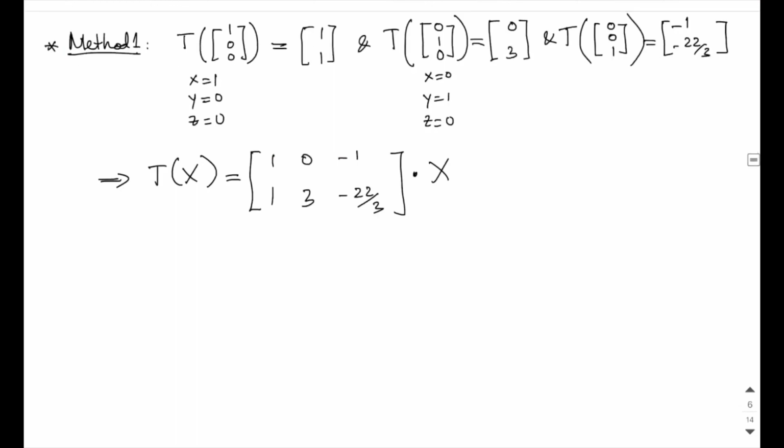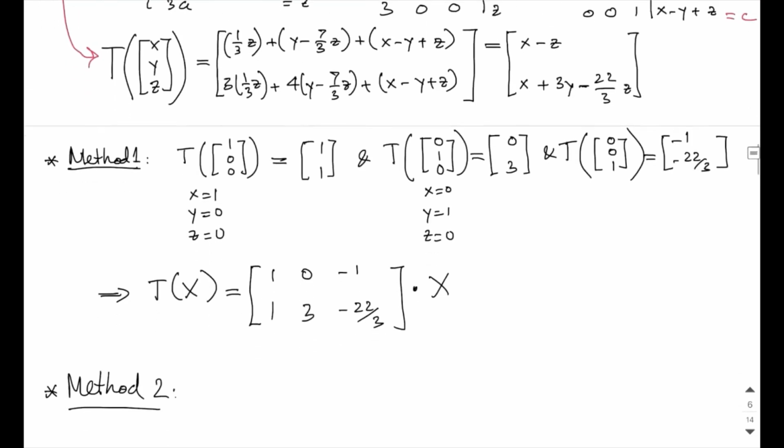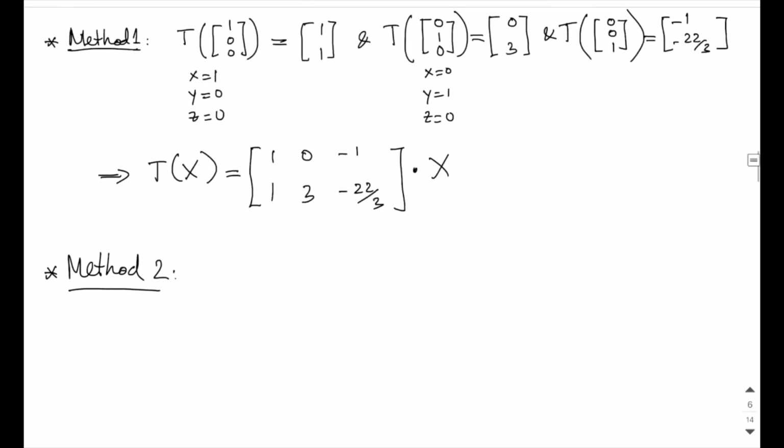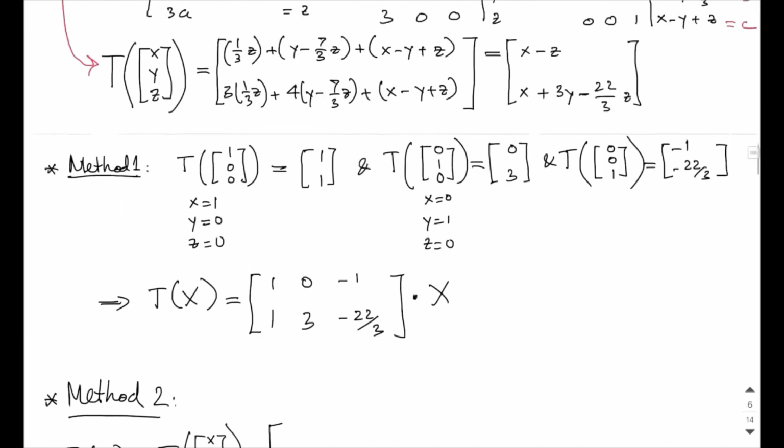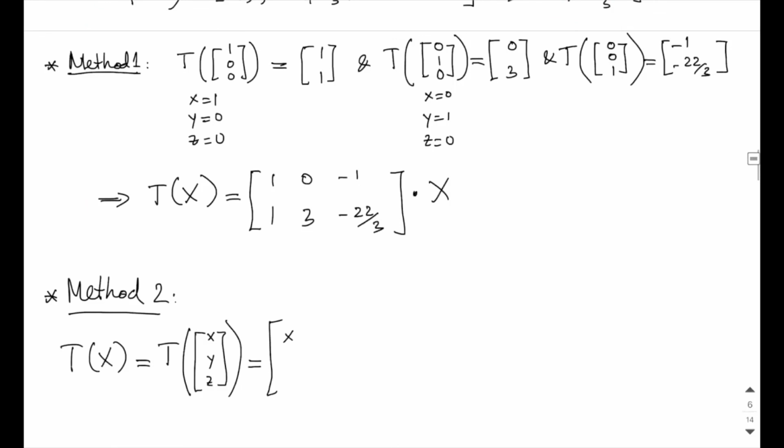Now, method number 2, to get the matrix representation, we can go directly from here. Okay? So T of x is going to be the same as T of (x, y, z). It is going to be, as we computed, x minus z, and then x plus 3y minus 22/3 z.